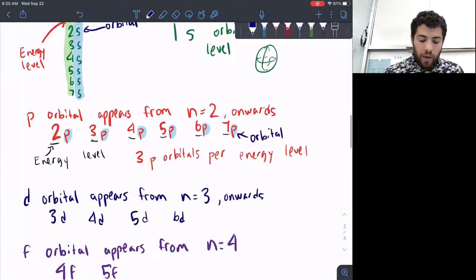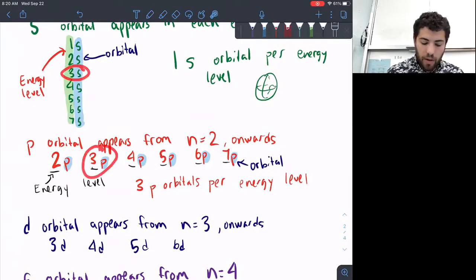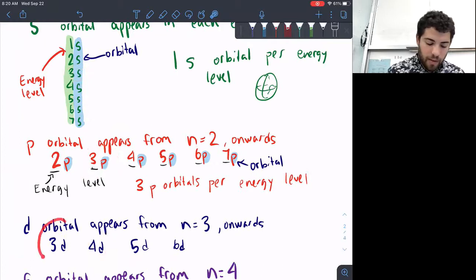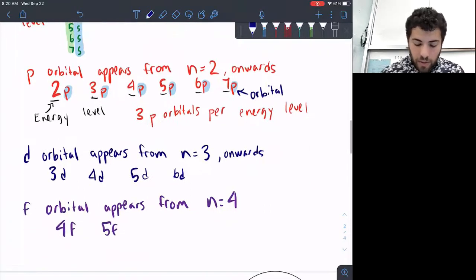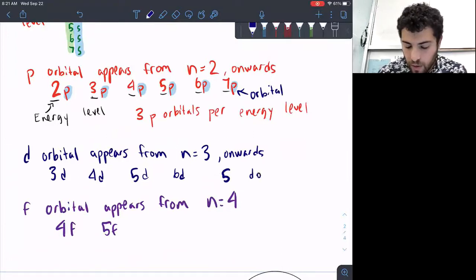N equals 3. When we go to n equals 3, we have an s orbital, a p orbital, and d orbitals. So we have s, p, and d orbitals. D orbitals, however, have 5 d orbitals per energy level.